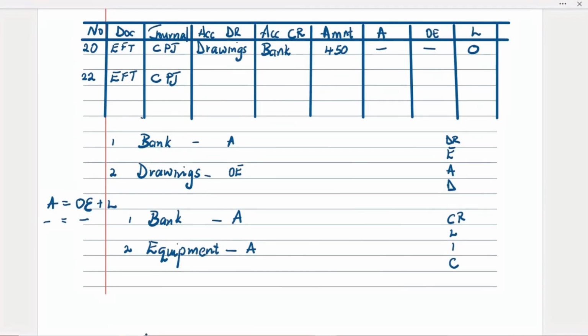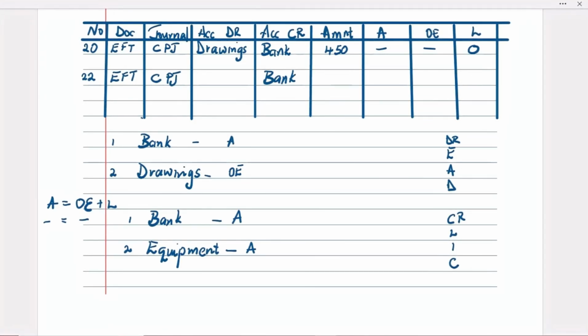Now I'm going to choose one account here, which is my favorite. And in this case, I'll stick to the bank again. When I'm buying through the bank, and I'm buying equipment or machinery for 8,600, I'm taking away 8,600 from the bank account. It means the bank is decreasing. And if you want to decrease a bank, you go to the opposite side of its debit balance.